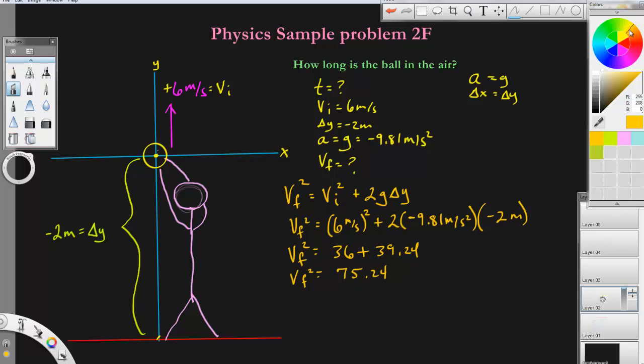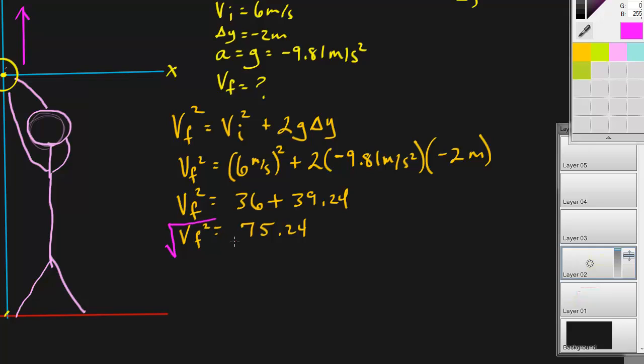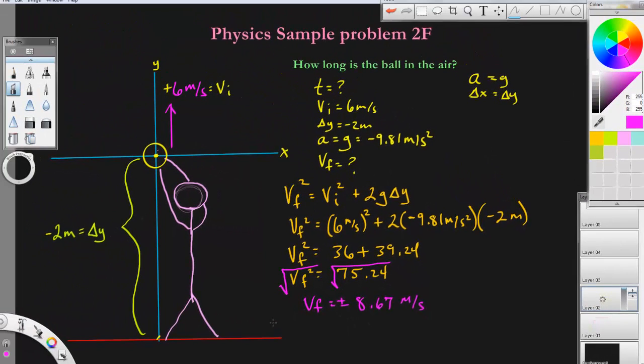Now to solve this, we need to square root both sides. And so our Vf would equal plus or minus. It's always plus or minus there, and then we have to figure out which one it is. 8.67. I probably could have called that 8.7 meters per second. So the final velocity when it hits the ground is 8.67 meters per second.